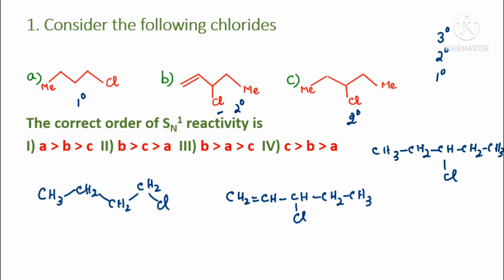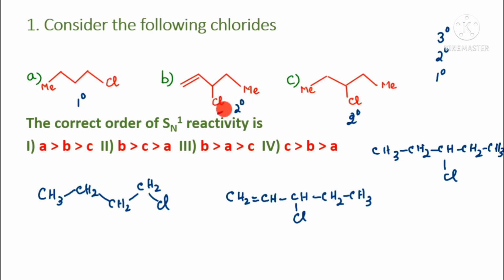But see this compound B. This is an allylic carbon. What do you mean by allylic carbon? If the functional group is attached to a carbon atom which is next to a double bond, we call that group allylic. Normally the secondary carbocation formed from this allylic carbon will be more stable when compared to the secondary carbocation, and also more stable than the primary.